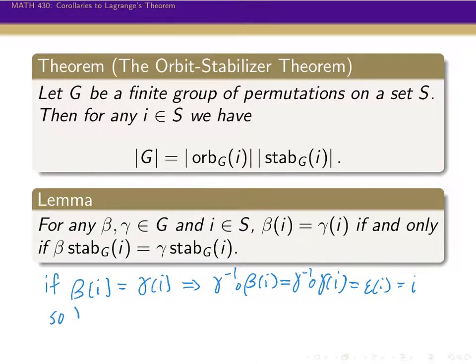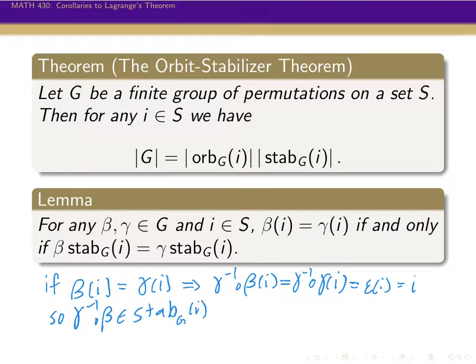So this means that gamma inverse of beta fixes i, so it is inside the stabilizer of i.